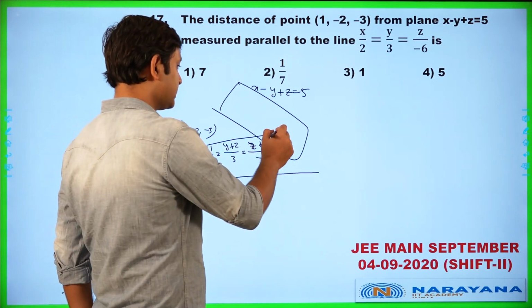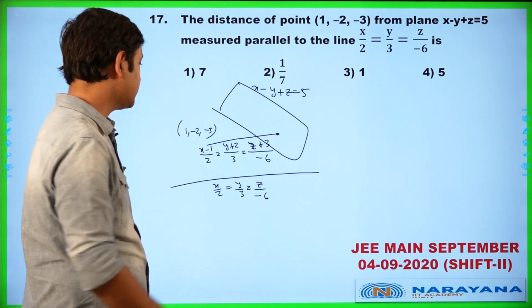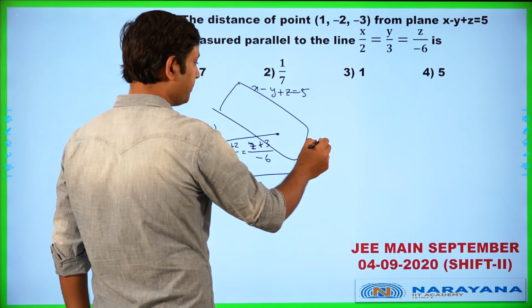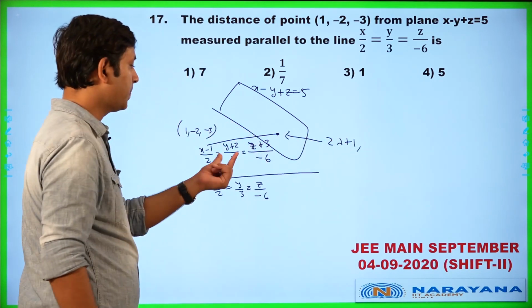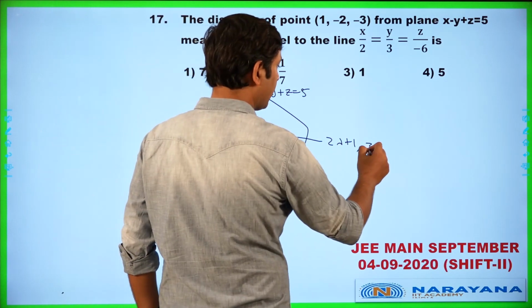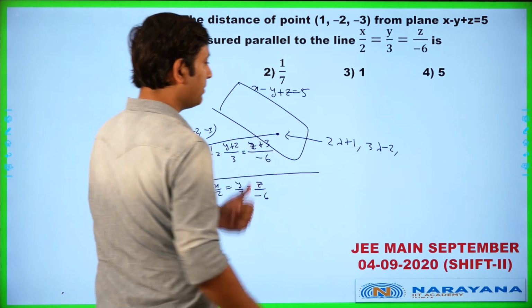Notice that this will give us this point. We can select this point as 2 lambda plus 1, comma 3 lambda minus 2, comma minus 6 lambda minus 3.